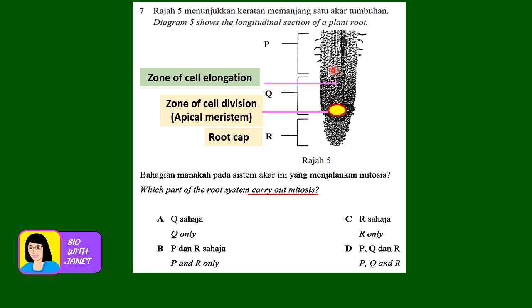And lastly, when you see the root hairs forming, it means that the cells have started to differentiate and form new structures, in order to carry out their functions more efficiently. Okay, so this is the zone of cell differentiation, P. So the answer is Q, where the apical meristem is found that carries out mitosis.